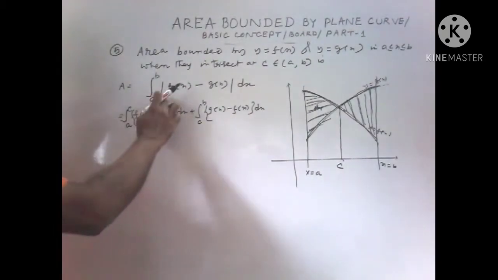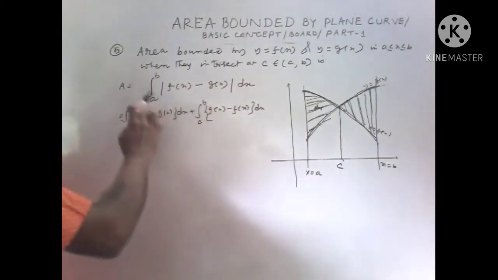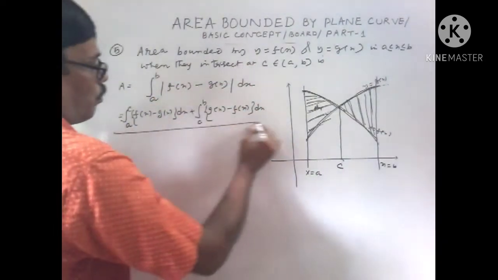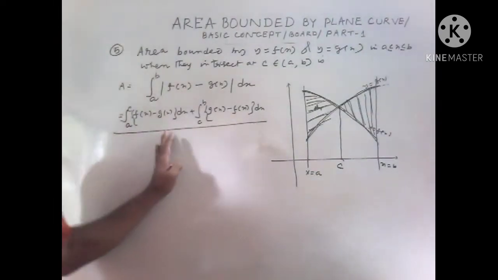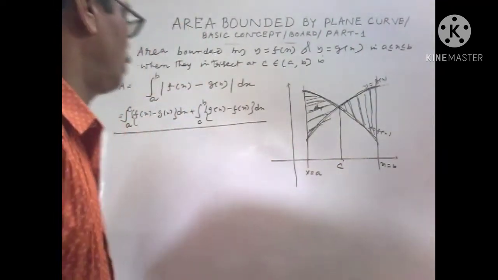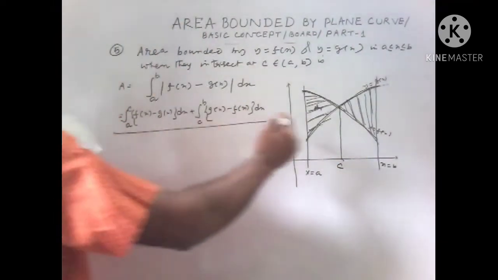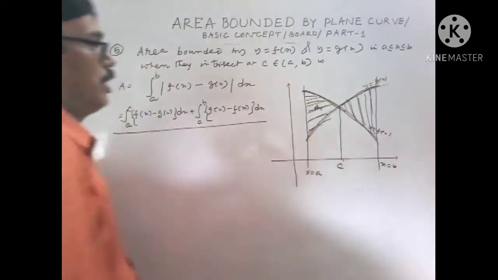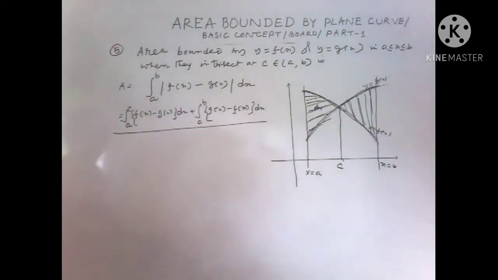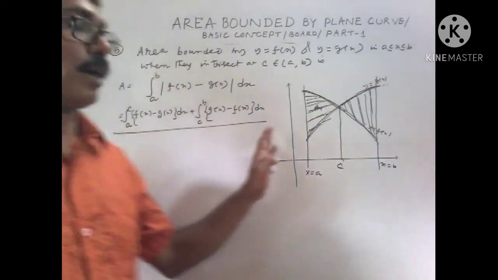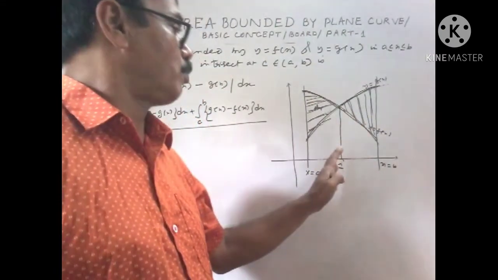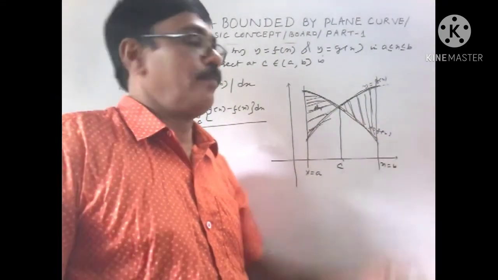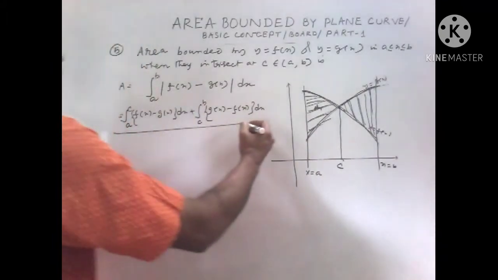So you can write it in this form, a to b mod f(x) minus g(x). It is a property of definite integral: a to b f(x) dx, c is a point, a to c, c to b. So if two curves intersect at one point within the domain, then this is our formula.